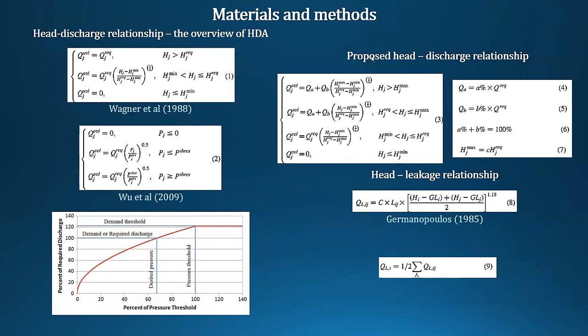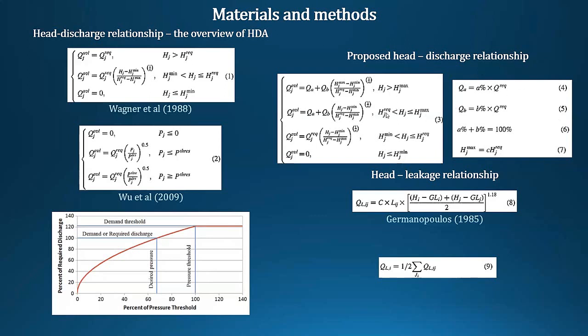Taking this into account, in this paper we have a proposed head-discharge relationship. It takes into account four conditions: first condition, second condition, third condition, and fourth condition. For these conditions, we have restrictions.